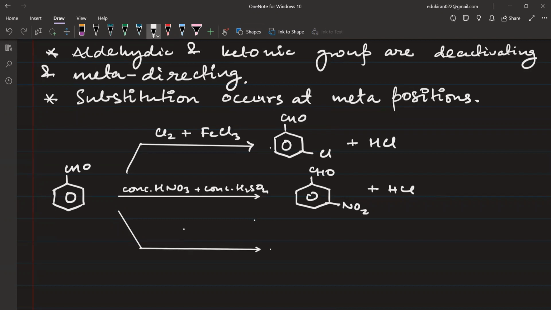Now last is sulfonation in the presence of concentrated H2SO4. CHO will be as it is. And what is the group that we are going to get? We are going to get SO3H.